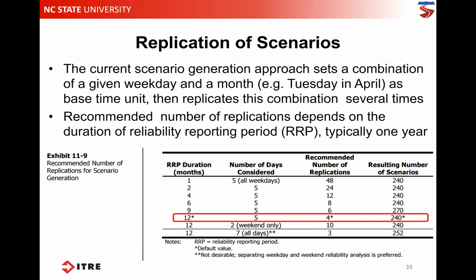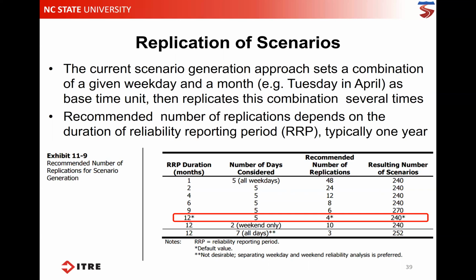Now, what's important when it comes to the replication of scenarios: we take every month having 5 weekdays, so we model Monday through Friday. Each weekday is replicated 4 times, so basically every month we model about 20 weekdays. If you're doing a full-year analysis of weekdays, that's 20 times 12, which is the 240 scenarios that we analyze.